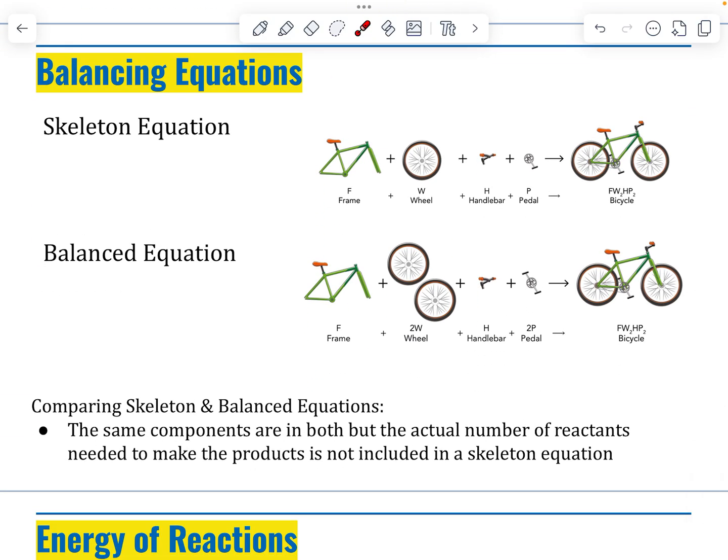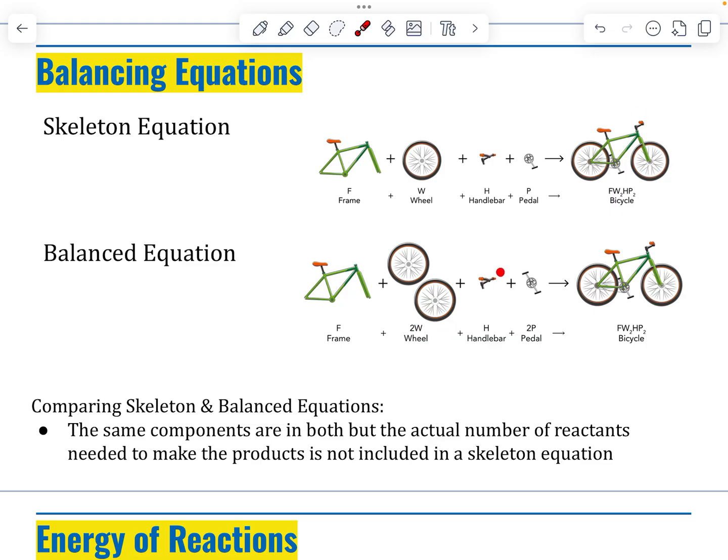So balancing equations: our skeleton equation again just has what are the parts and what does it form. For the balanced equation, now our parts have to match up with the number we need in order to form that bicycle. If the parts of a bike are a frame, wheel, handlebar, and a pedal, we combine that to get a bike. But when we actually look at this bike, we have one frame, but we have 2 wheels, so we need twice as many of those.